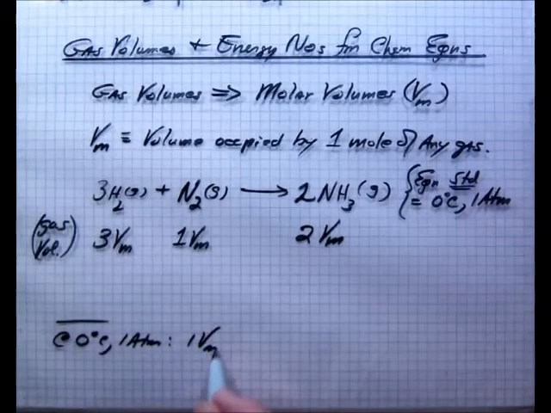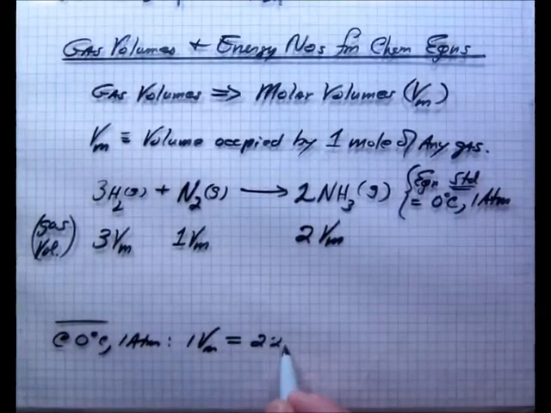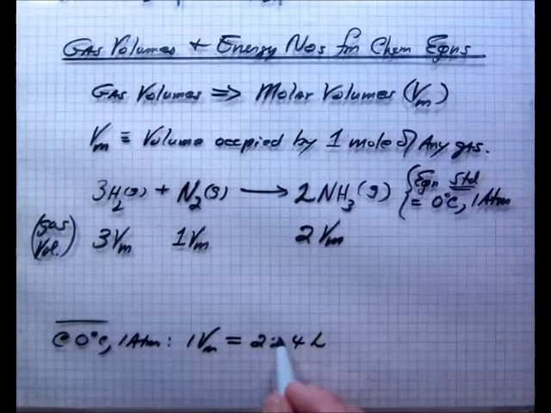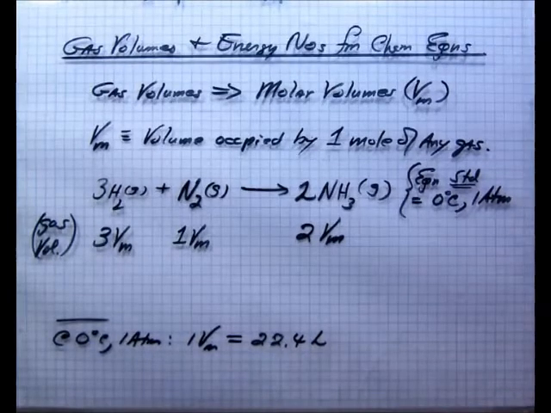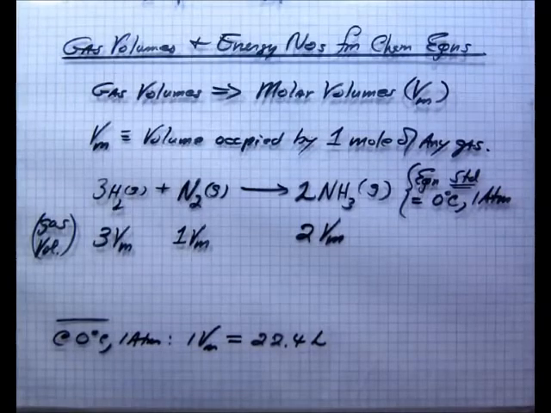1 VM equals 22.4 liters for any gas on the planet. 22.4.